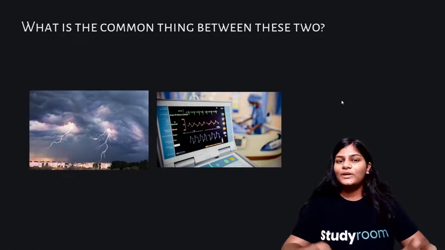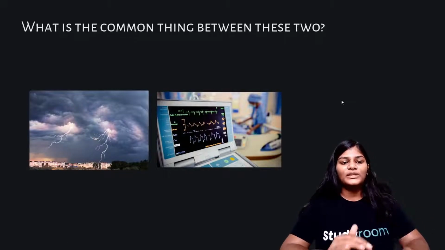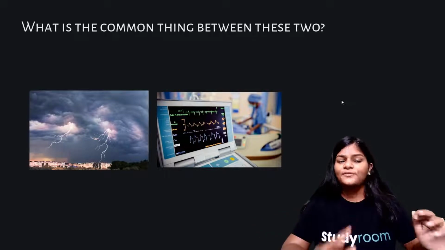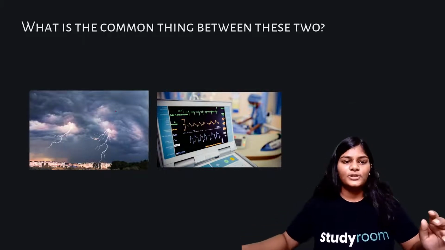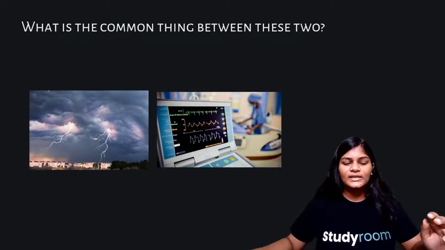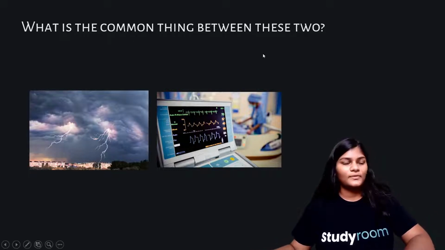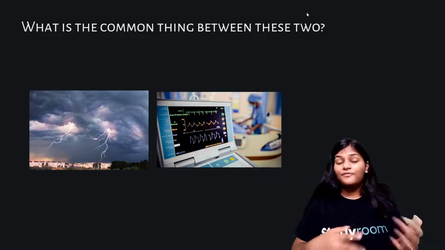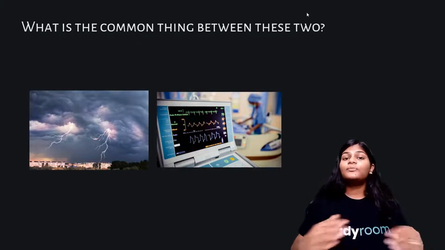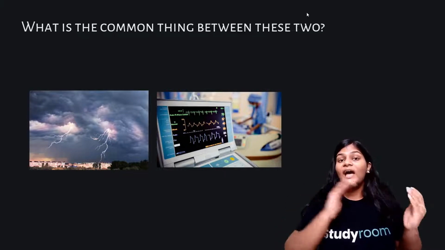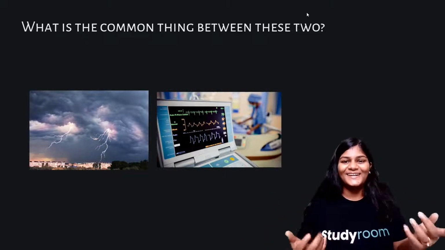So can anyone tell me what is the common thing between these two? First, tell me what are these two images. The first one, this image, very clearly is lightning, right? Everybody has seen those quick flashes of bright white light, which is followed by thunder, right?